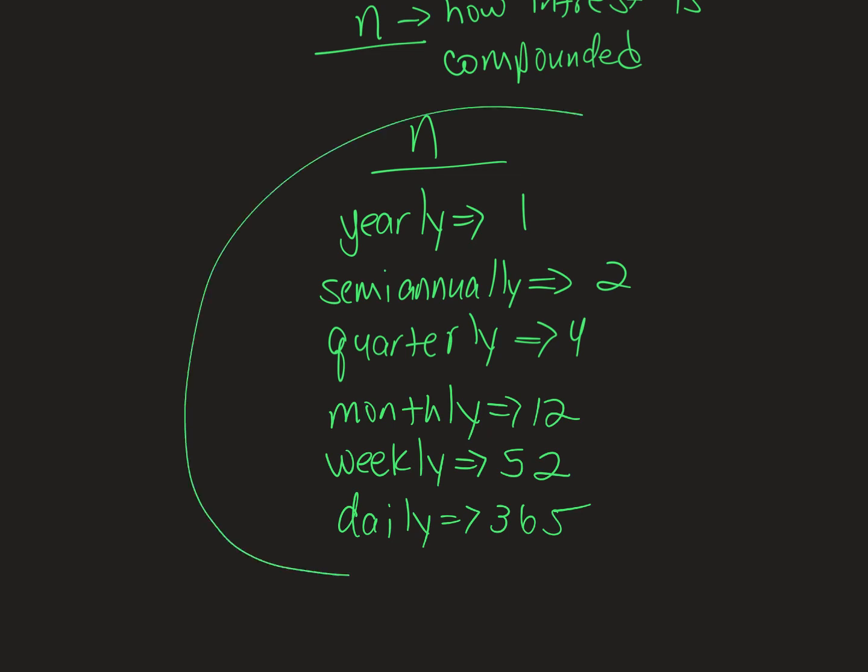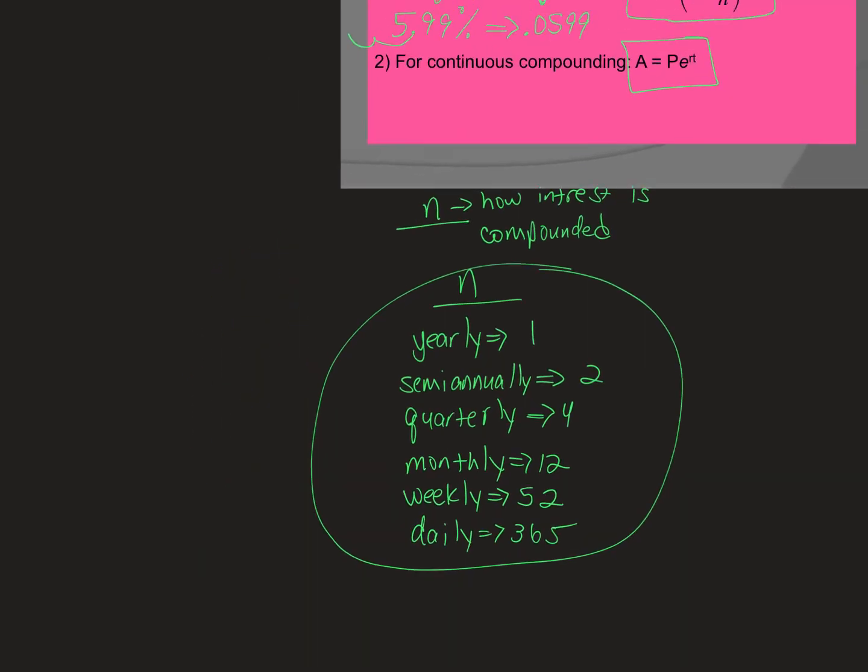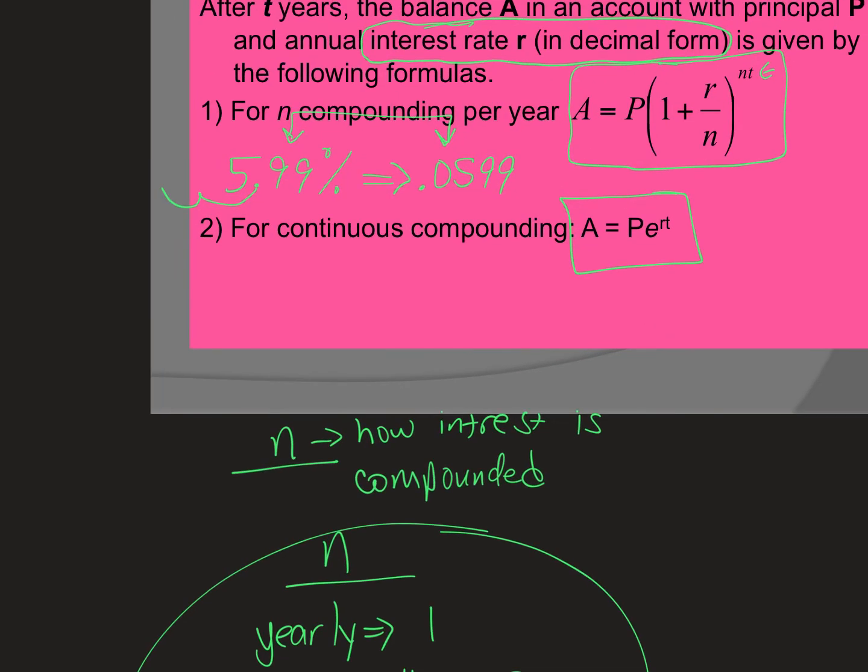These terms you guys have to know, because I could give everyone in here the same principal amount, the same interest rate, the same amount of time, and I could have 6 different ways that the interest is compounded, 6 different answers. You have to know what those words mean.